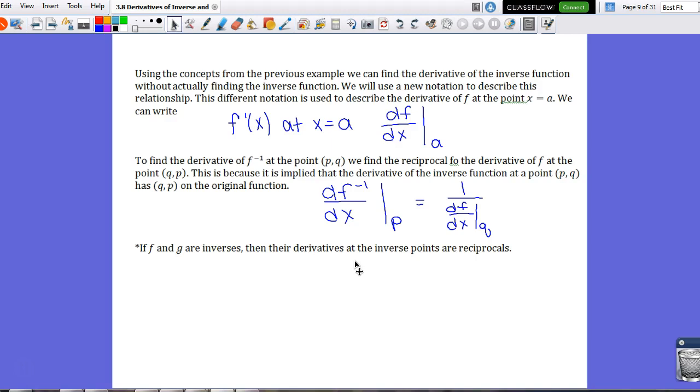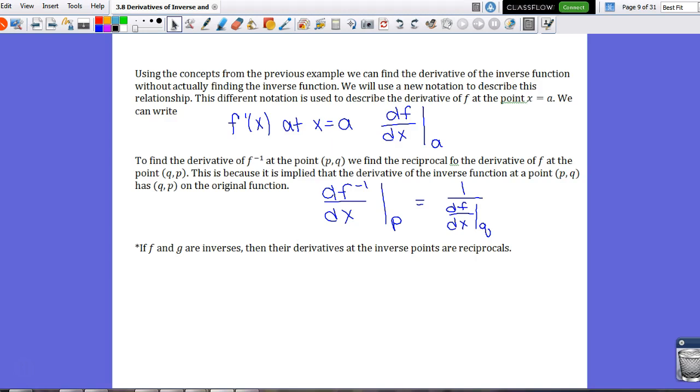Exactly. So P is the y value of f of x, and it's equal to 1 over the derivative at Q, which is the x value of the original. So what you're doing is finding 1 over f prime at Q, which is the x value.